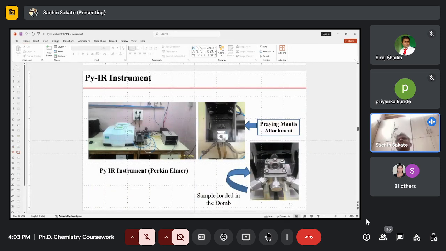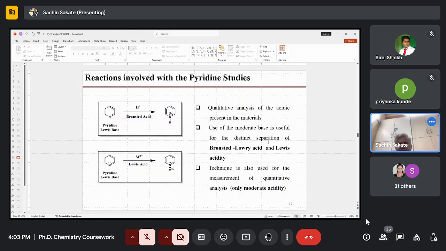So this is the pyridine IR instrumentation. Now, if you look at this slide very carefully, you will see some reactions. We have taken pyridine because this instrumentation is pyridine IR, that is, pyridine infrared spectroscopy. If we add a Bronsted acid, it will form the pyridinium ion, that is, N-H.